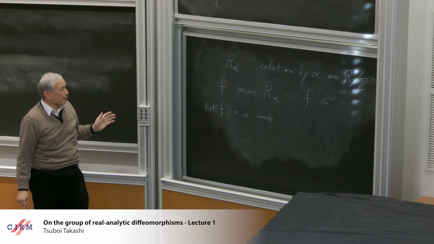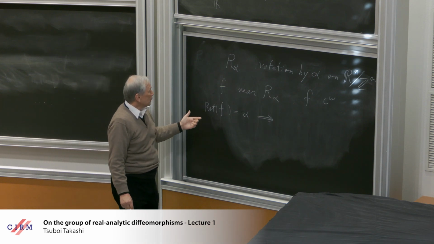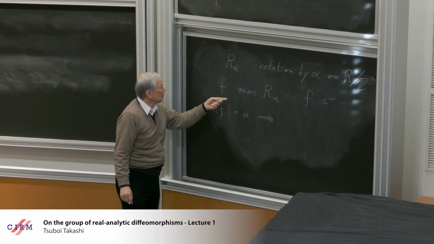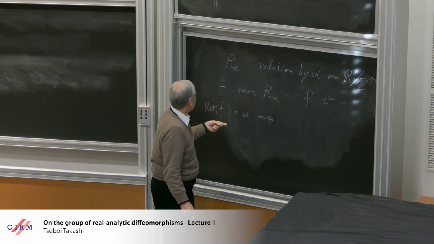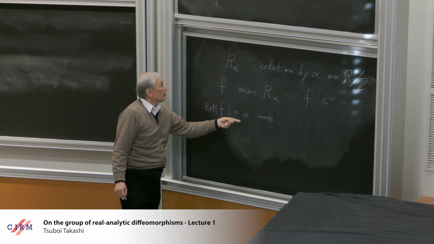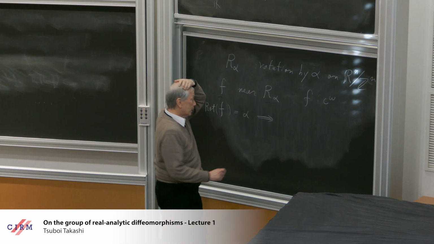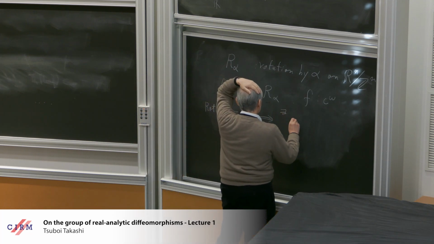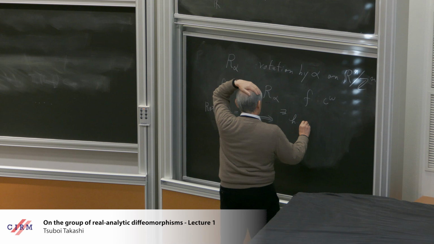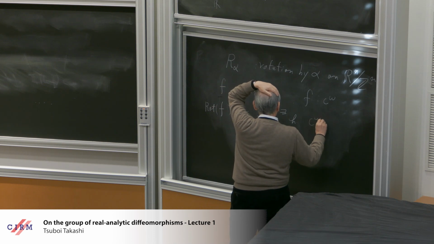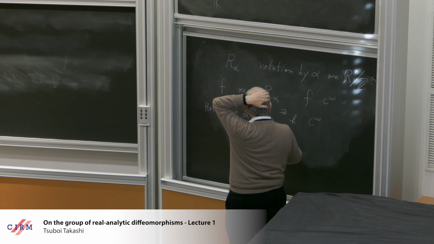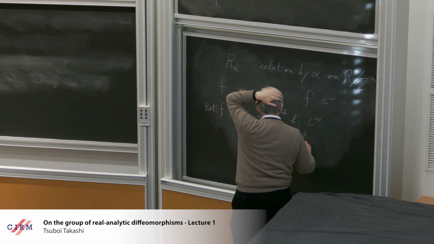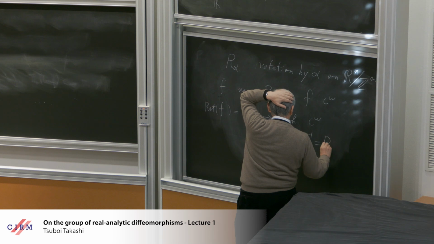If the rotation number of some element very close to this rotation is this alpha, then there exists h in C omega diffeomorphism, and h f h inverse is R alpha.